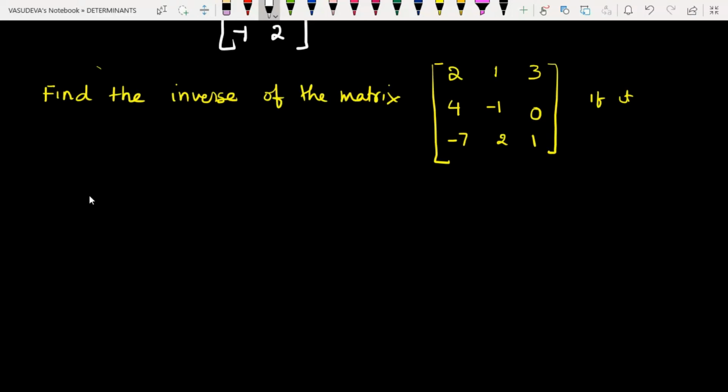Now taking this problem, find the inverse of the matrix [2 1 3; 4 -1 0; -7 2 1] if it exists.